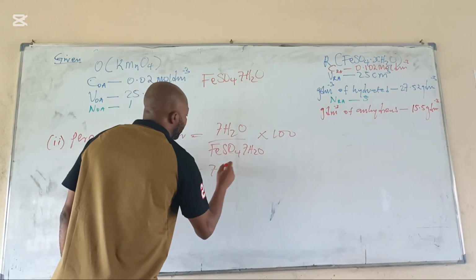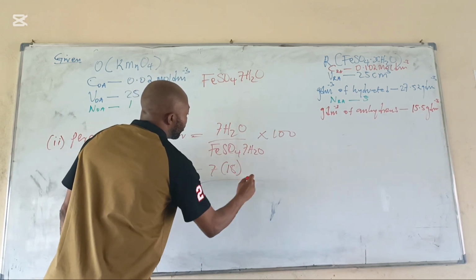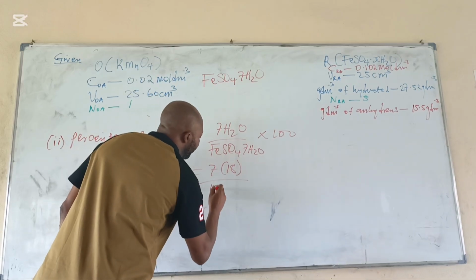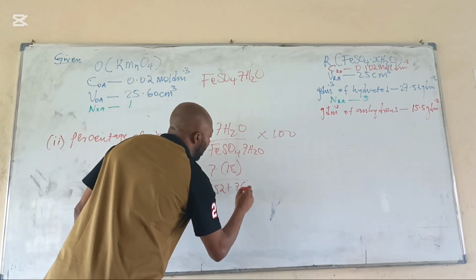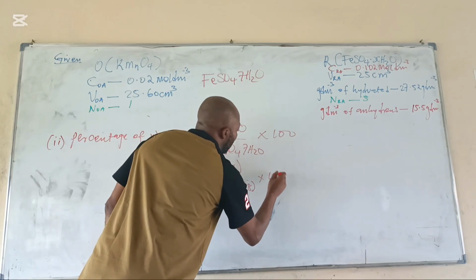Now this is 7 times 18 over 152 plus 7 times 18, times 100.